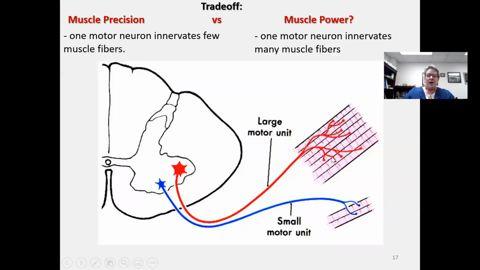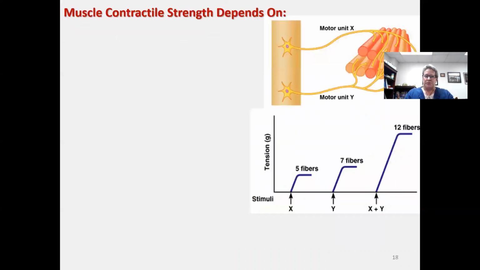Now, if we want power, like the muscles that are in your legs and in your torso, here shown in red, this nerve is connected to 1, 2, 3, 4, 5, 6, 7, 8 muscle fibers. This motor unit is going to produce a lot more power, but the offset is there won't be good precision control of those muscles. So that's the muscle precision versus power principle.